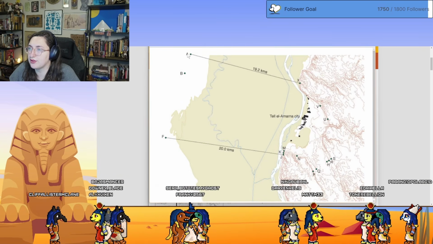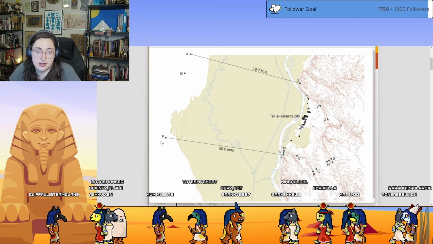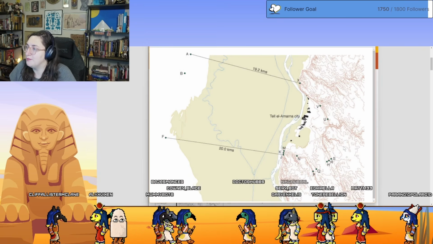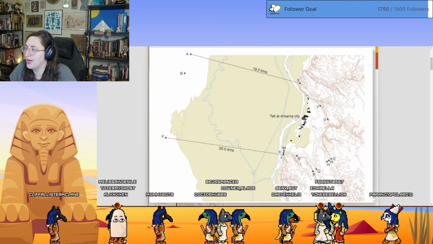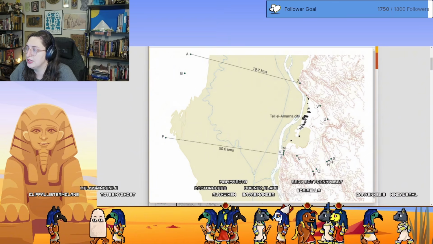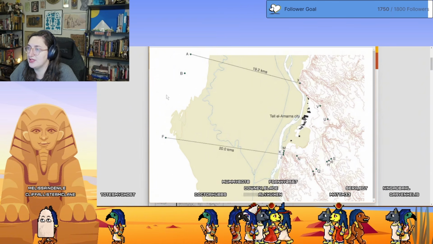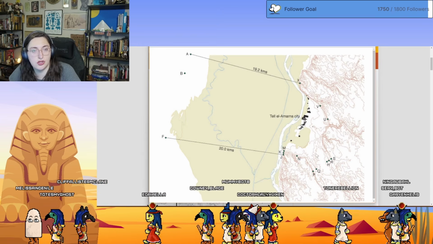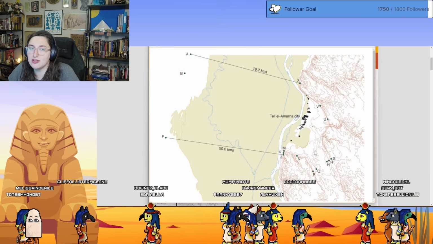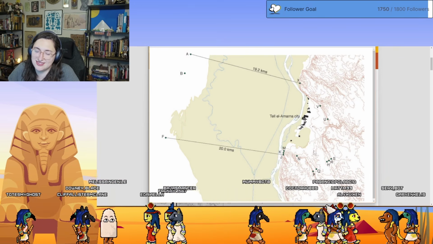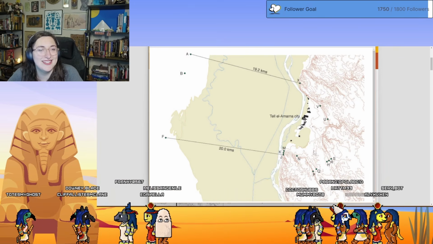There are three that are way out on the far western side of Amarna, and quite a few clustered down here in this wadi as well as over here. As you can see, it makes a big circle. These are essentially intended to be, I don't want to say a welcome sign, but it sort of is.